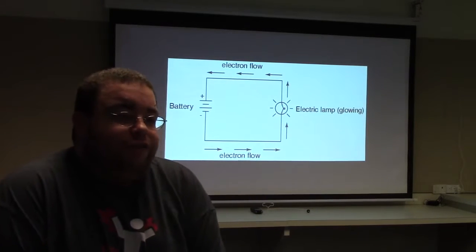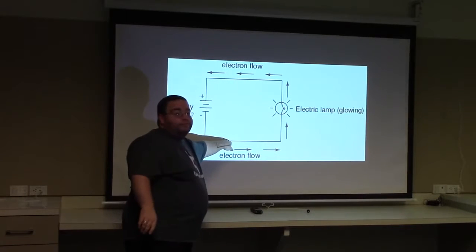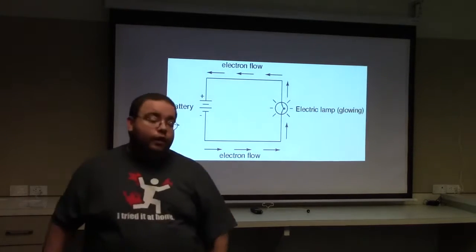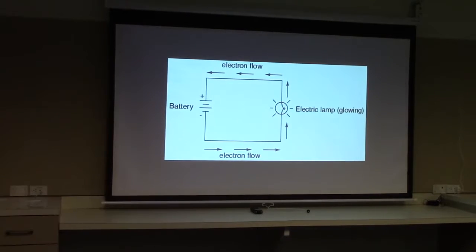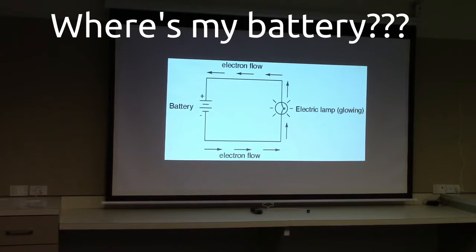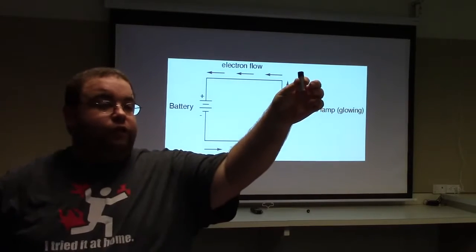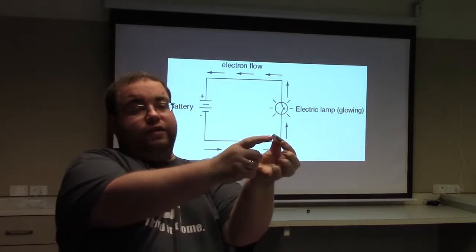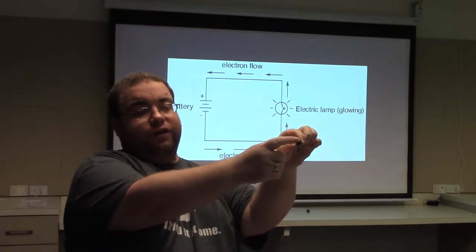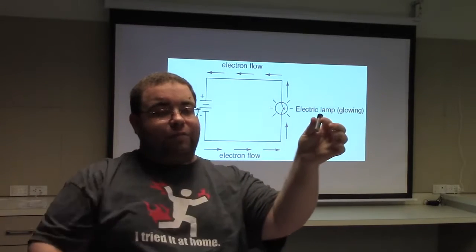If you were to disconnect this circuit, if you were to get rid of, say, this wire, then nothing would actually happen. The current wouldn't flow at all, because in order for... Actually, here, I'll get a good example of this. A battery. This battery is a voltage source. It'll source 1.5 volts. The problem is, even though this end is very negatively charged and this end is very positively charged, until I connect them with a conductor, which my hand isn't, nothing's going to happen.